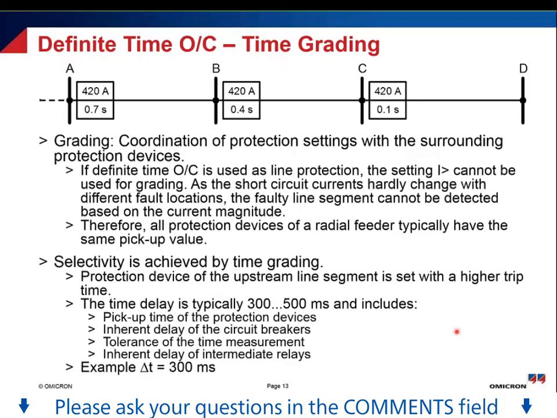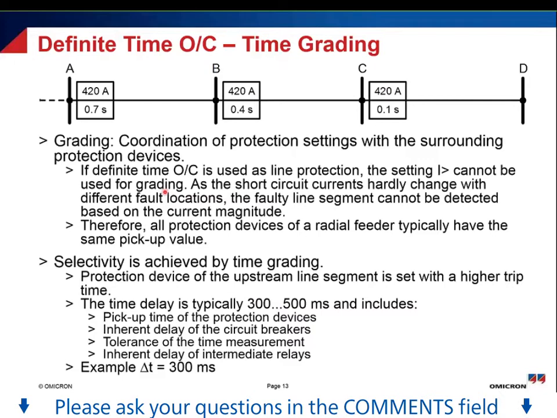Also the tolerance of the time measurement within the protection devices, and some time delay of intermediate auxiliary relays or something like this that would be in between the protection device and the circuit breaker. So depending on how much time you have to take into account, you choose some value typically between 300 and 500 milliseconds. In our case, we choose a value of 300 milliseconds.